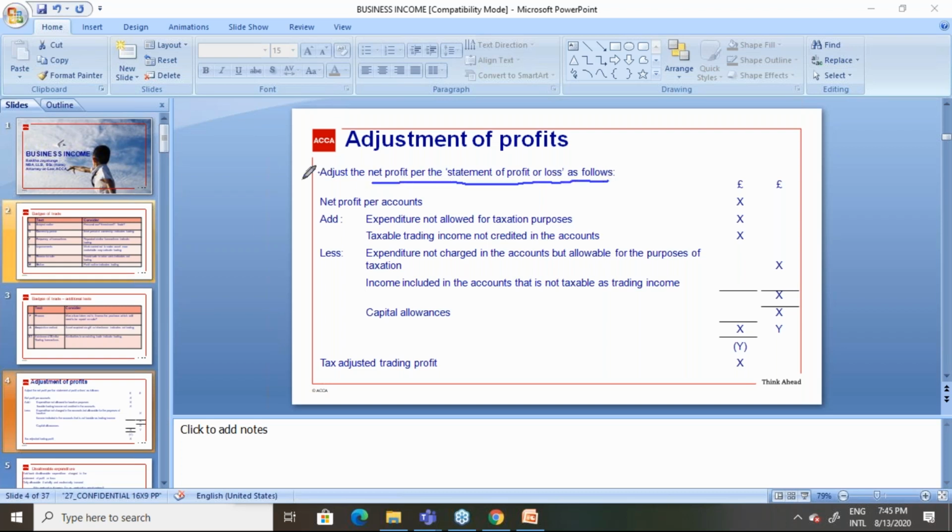Therefore, this profit must be converted into tax-adjusted trading profit. So in doing that, to calculate the profit, we need two items. One is income, the other one is expenditure.